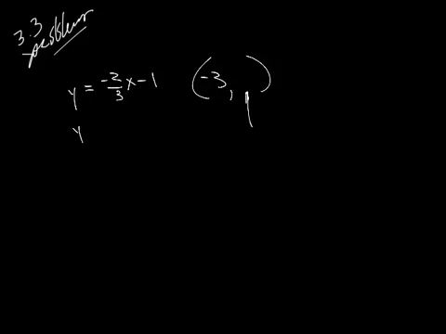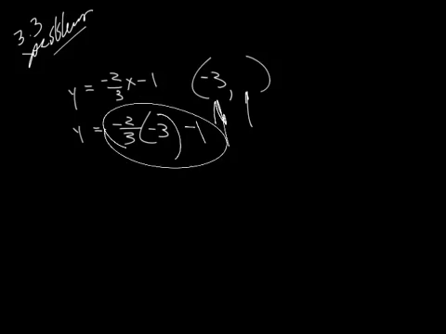So you're going to take negative 3 and put it in for x, that position right there, and solve it. And once you find out what that is, that number is what y is, and you'll put it right there in that space.